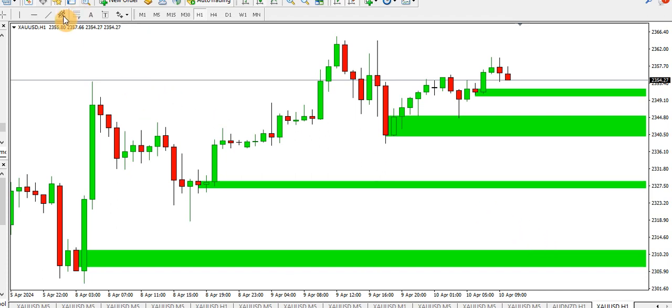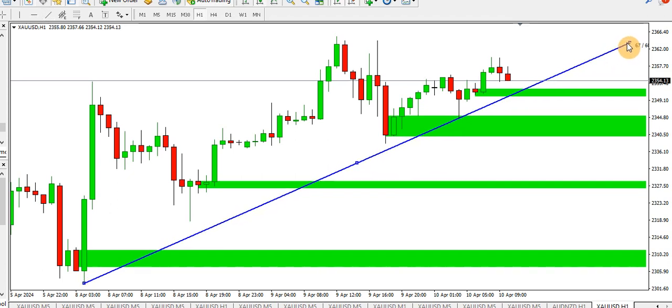All right, but putting the trend line up again one more time, you can see that the ascending trend line is a predominant trend line.